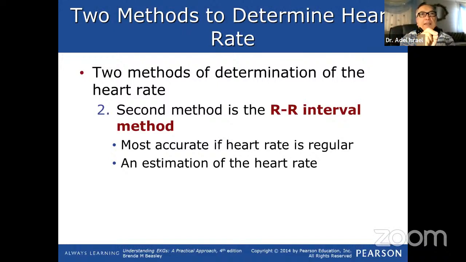If we calculate how many big squares or big boxes between R and R, and divide 300 by this number, I will get the heart rate. The third method is also the RR interval, but we use the small boxes between R and R, and I'm going to divide 1500 by this number, and it will give me the most accurate.